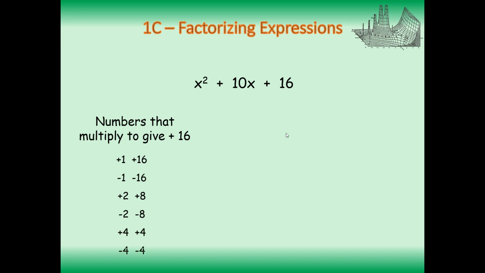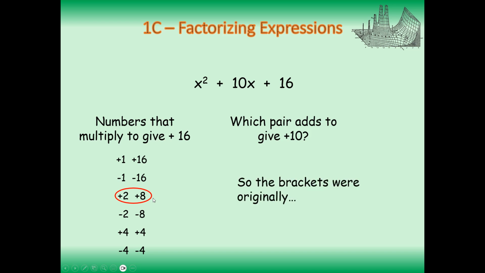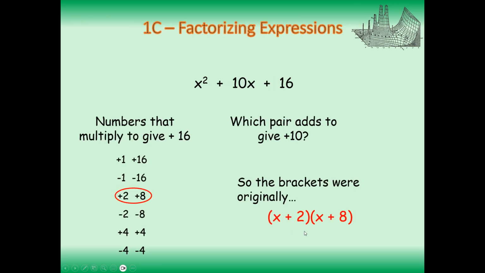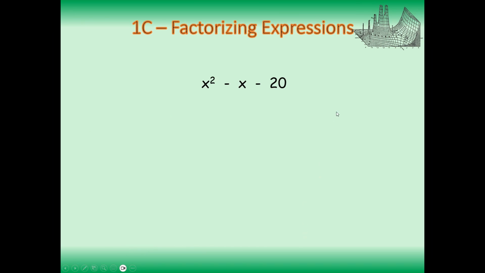Now, it's not hard to notice that all of these pairs actually give us 16, but only one pair adds up to 10. So this pair, plus 2 and plus 8, adds up to 10. So you put them inside the bracket like so. All right, so pause the video, have a good discussion, and then check your answer with me.